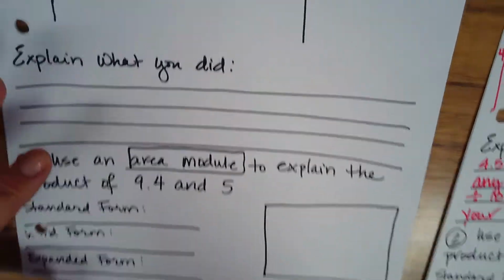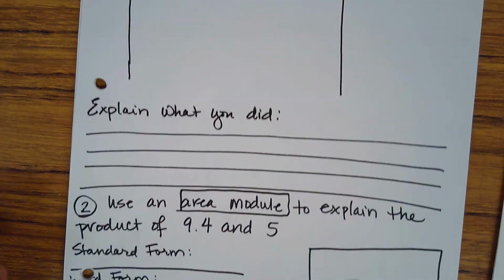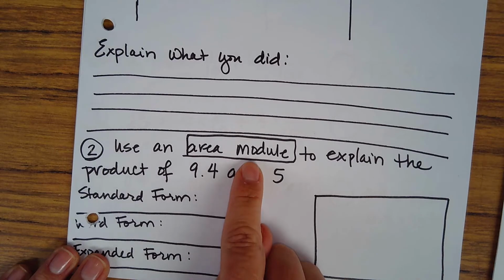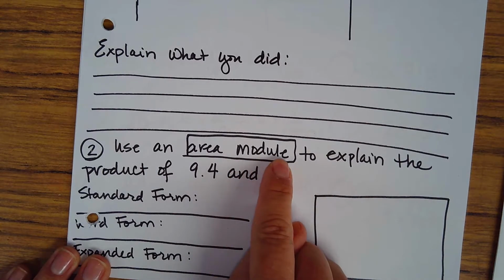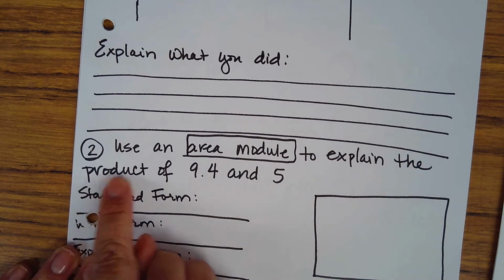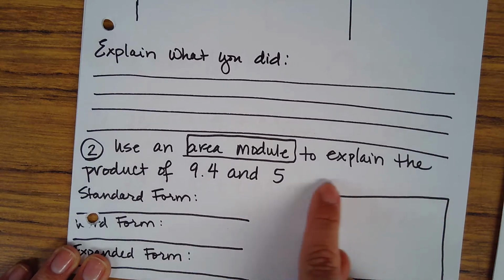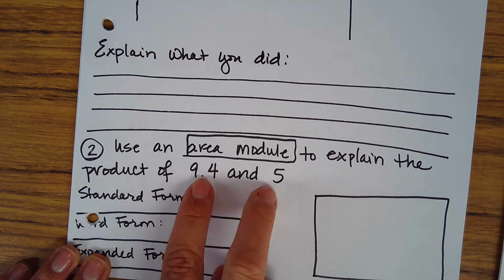Then the next part, this is the part people get a little turned around on. Problem 2, use an area model to explain the product of 9.4 and 5. So that means I'm going to use this box as the area model.